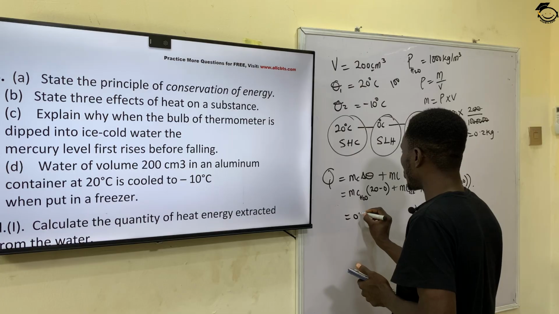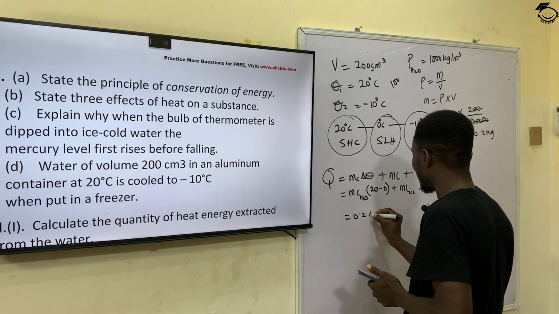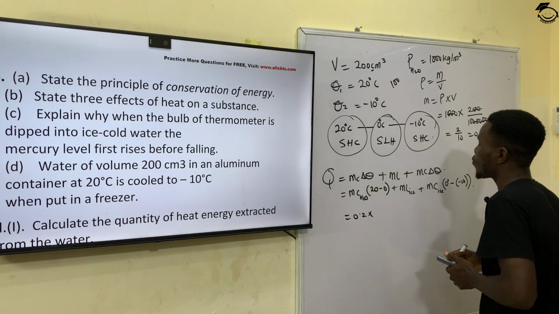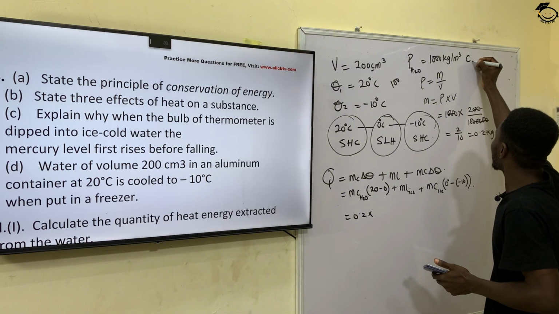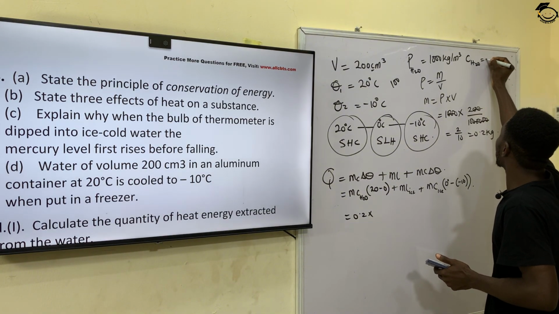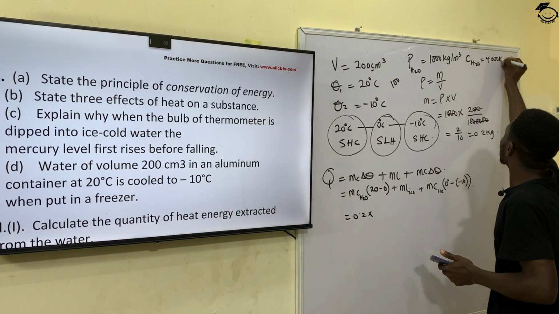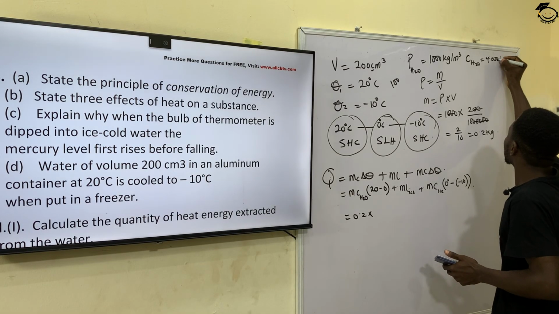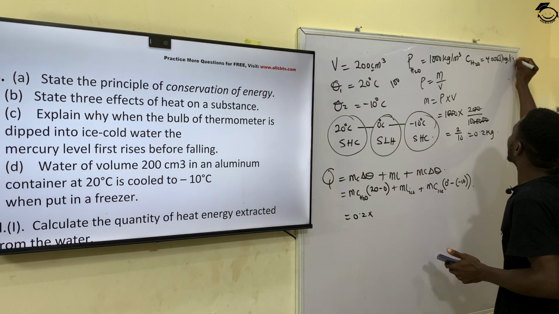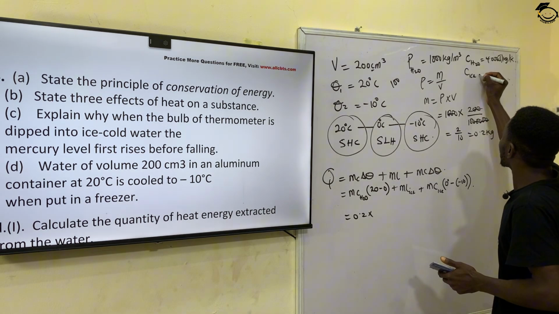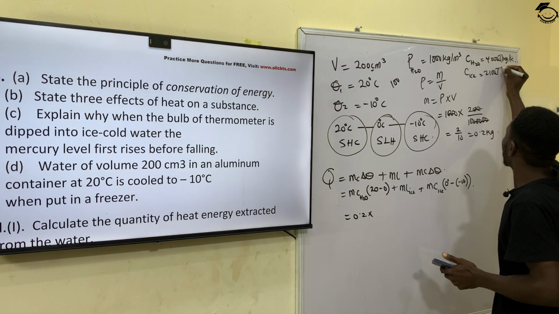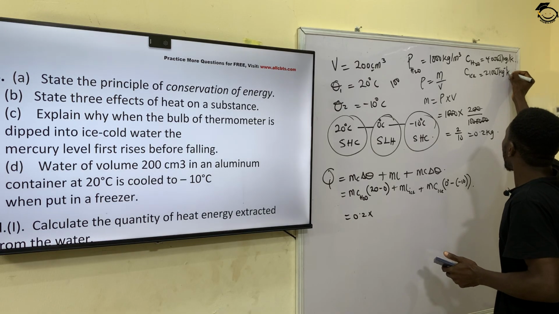So I have 0.2 times the specific capacity of water, which here is a constant. So the specific heat capacity of water is 4,200 joules per kilogram per Kelvin. And that of ice is 2,100 joules per kilogram per Kelvin.